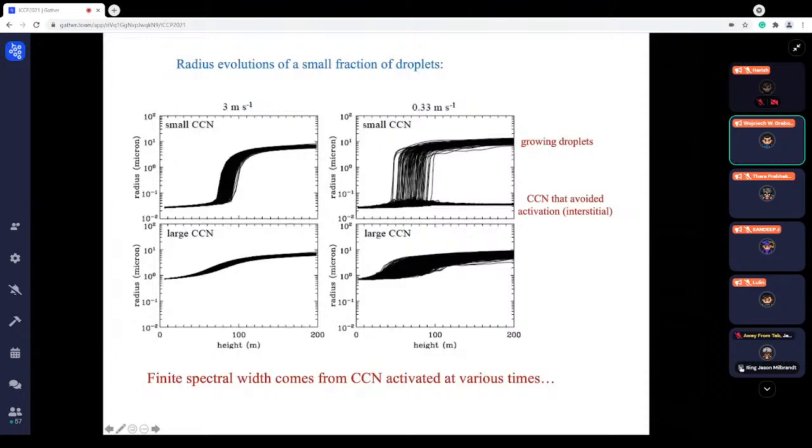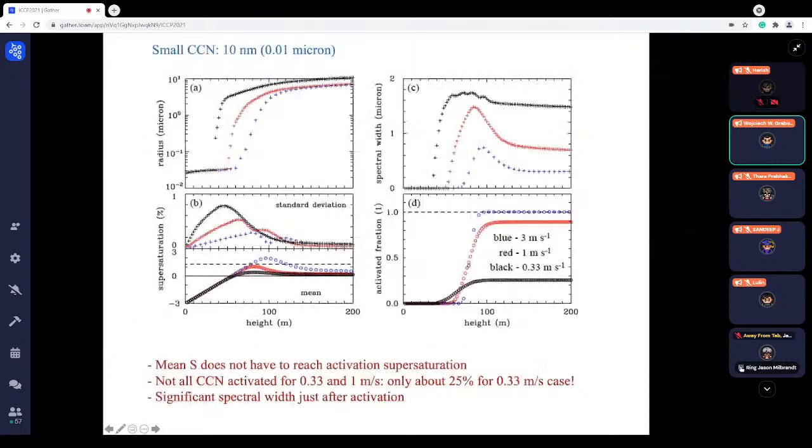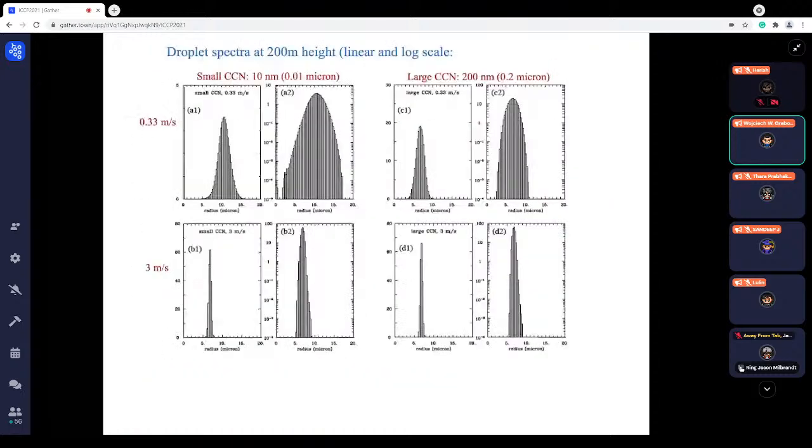And interestingly, those avoiding activation can be large, because in this single-size CCN, you get a quarter of those when you go up very slowly, and those particles avoid activation. So, droplet spectra, again, those are small updrafts, large updrafts, small CCN, large CCN. Let's just point out that if you get small CCN and small updrafts, look how wide this spectrum is.